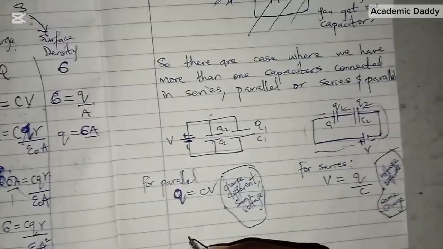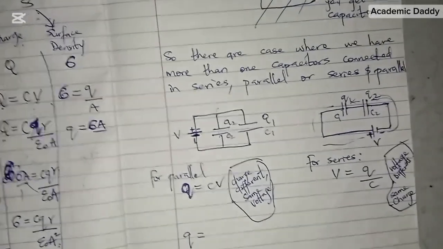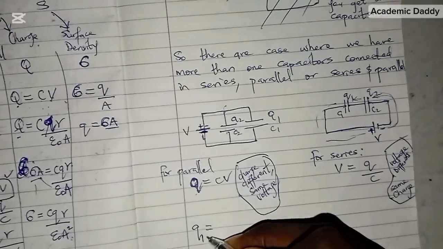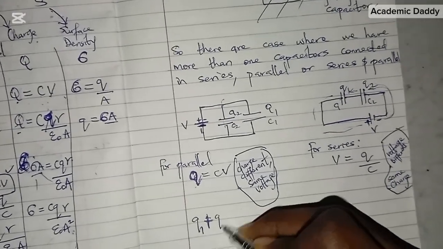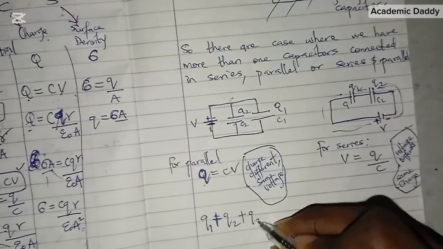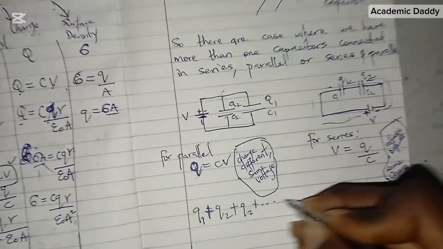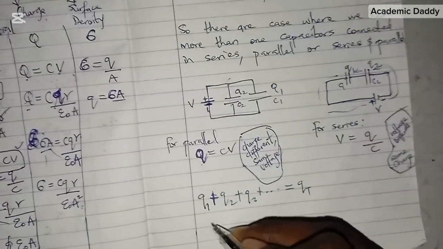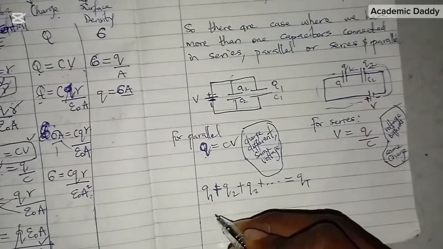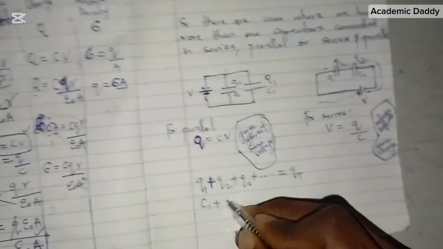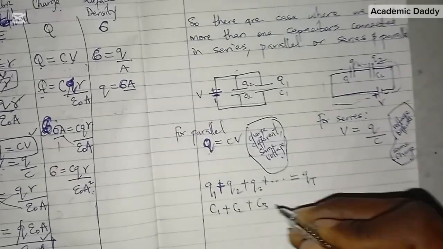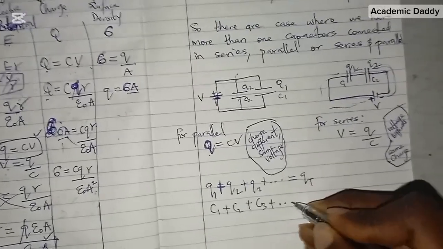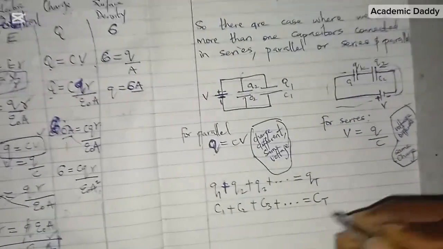And then, because I'll find Q here, Q will simply be Q1 plus Q2 plus Q3 plus dots, which will give me total Q. But voltage is the same. So C will now be C1 plus C2 plus C3, because in each charge there's capacitance, plus dots, which will give me total C.